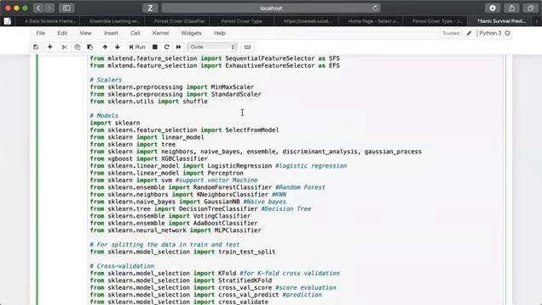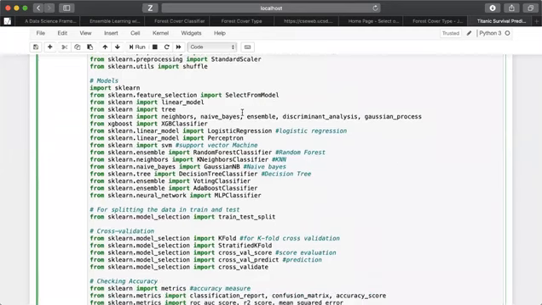In the models, I have imported the majority of the classification models, starting from linear model, tree, neighbors, naive Bayes, ensemble, discriminant analysis, Gaussian process, XGB classifier, and logistic regression. I have done this so that I can use all the models to find the best score, and so find the best model for this problem.